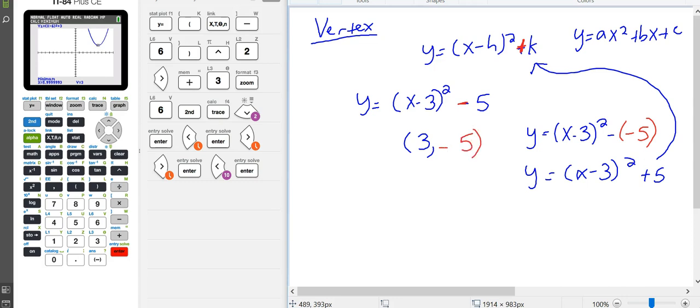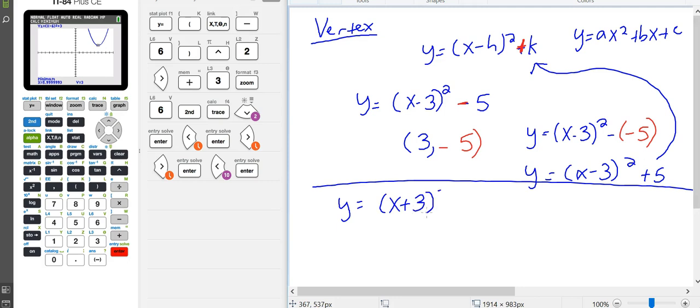Let's look at one last example. Let's say we have y is equal to (x plus 3) squared plus 5. So in this case, it's very easy to tell what the k is because it's just 5. Normally we have minus h. In this situation, we have a plus 3.